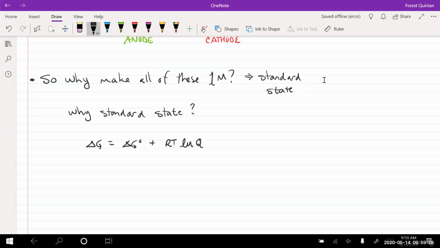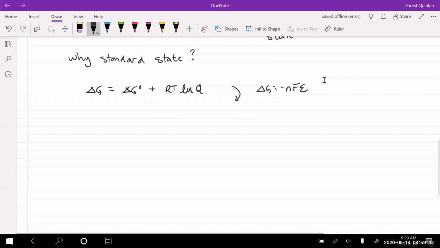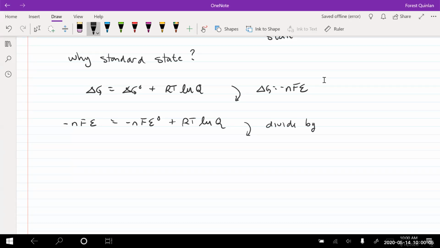Delta G equals negative NFE. Substitute that in. So we get negative NFE equals negative NFE naught plus RT ln Q. Divide by negative NF.